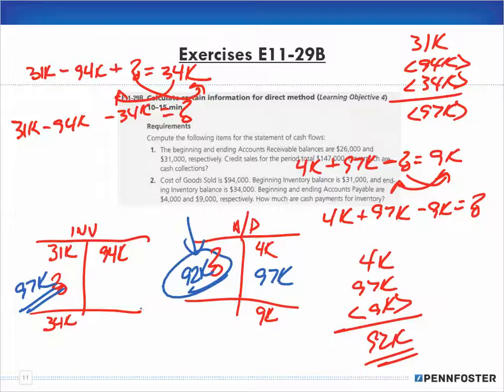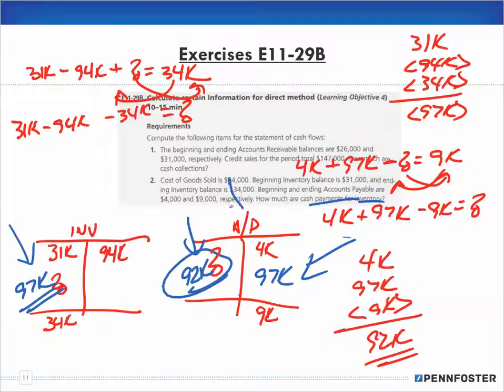All right, so quickly to recap this particular question. We're given the information, and we have to figure out how much our purchases were in our inventory account. Those purchases are being paid as an accounts payable, and we want to know what our cash payments are for the inventory.